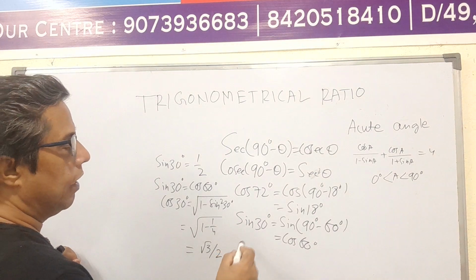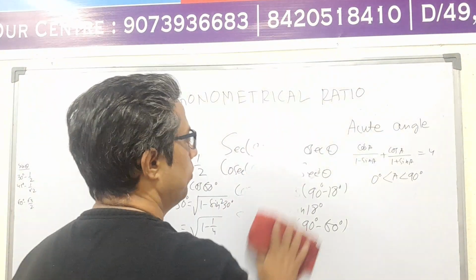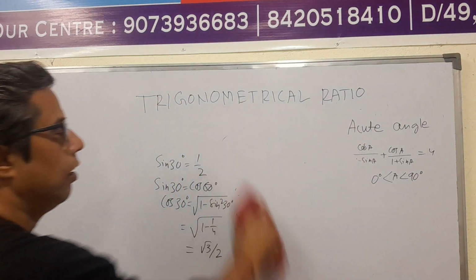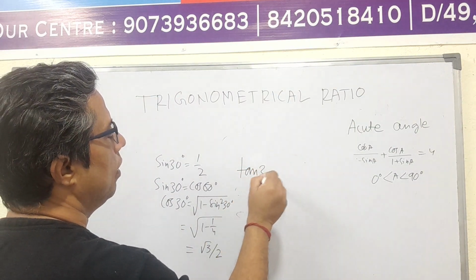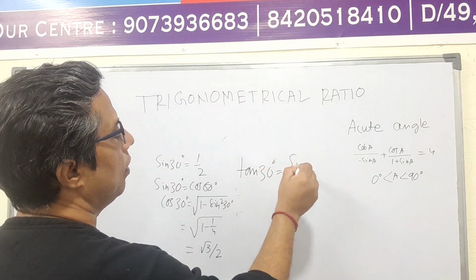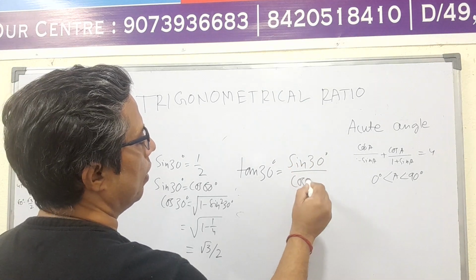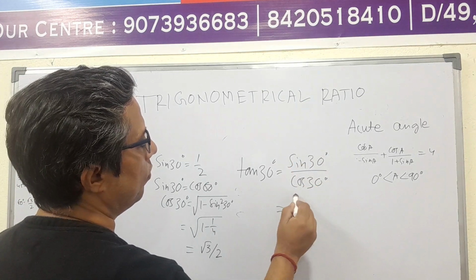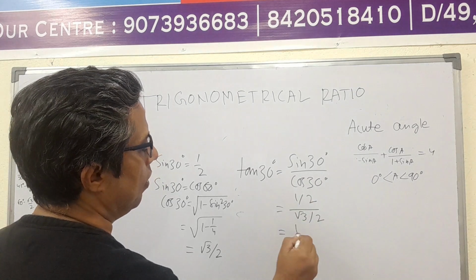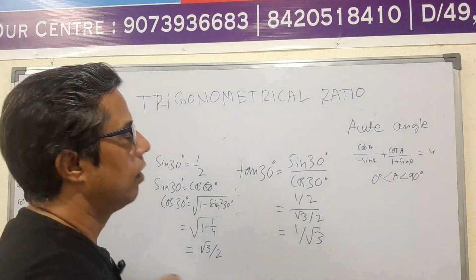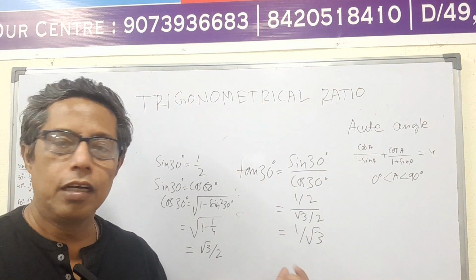So to get tan 30 degrees, I have to make tan 30 degrees equal to sine 30 degrees divided by cos 30 degrees. So 1 by 2 divided by root 3 by 2, so it is 1 by root 3. So I got the value of tan 30 degrees.